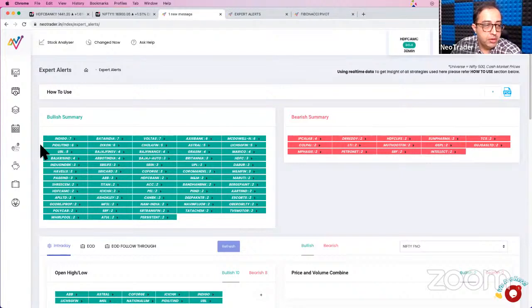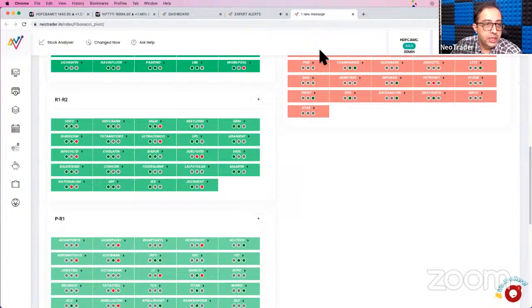For example, if you are seeing say Dixon, say Axis Bank, all you have to do is go to this page of Fibonacci pivots, go here and then search for Dixon.